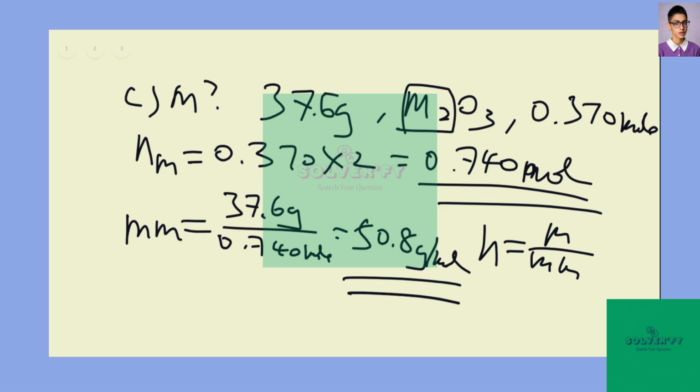Because for the calculation there may be some rounding up or rounding down, we are looking for the closest value. The closest that I found is vanadium, with roughly 50.94 gram per mole. So the metal will be vanadium.